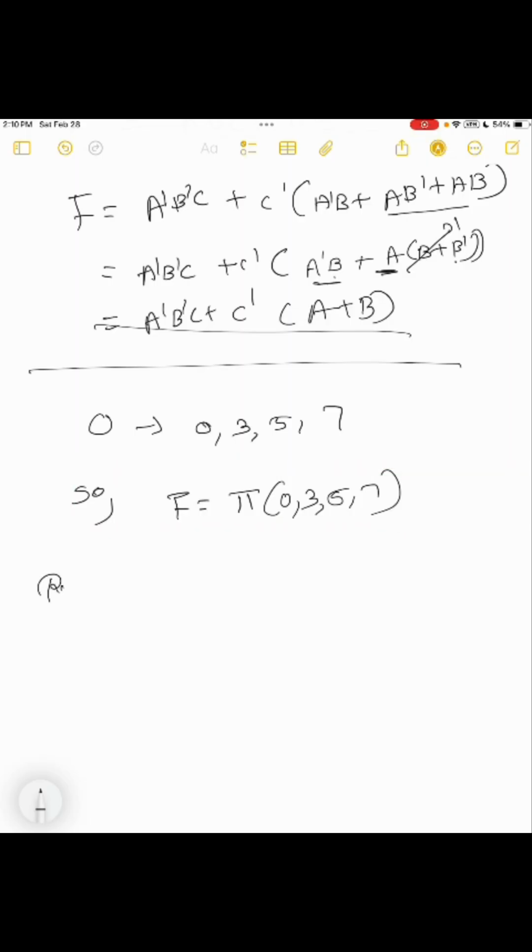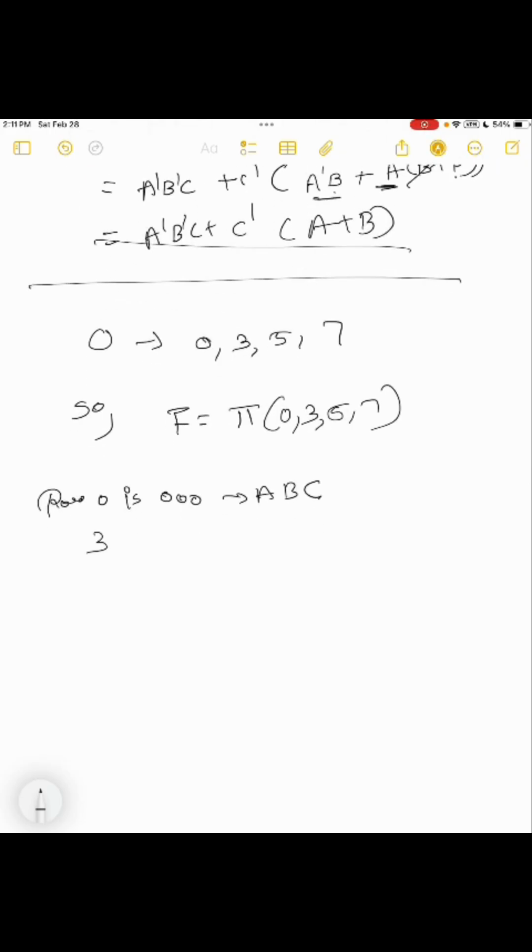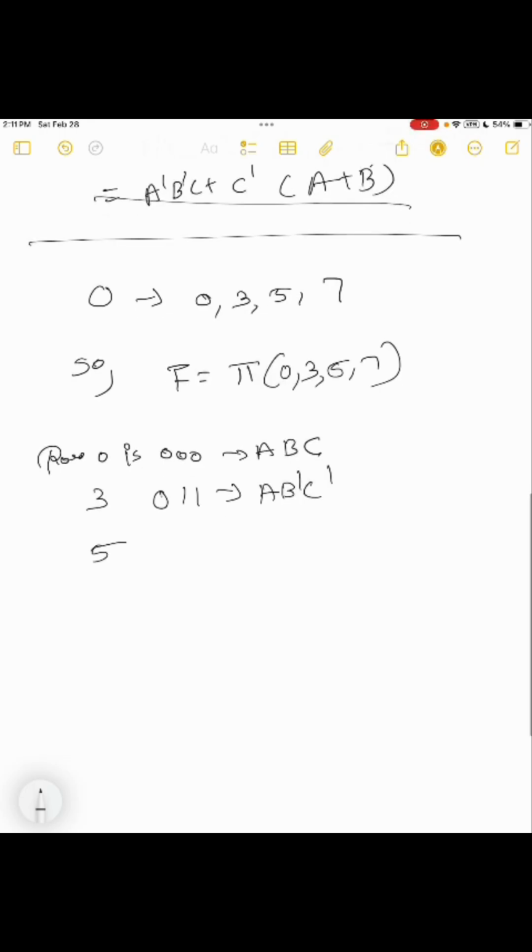So for row 0, it is 0 0 0, so A plus B plus C uncomplemented. Row 3 is 0 1 1, so A plus B dash plus C dash. Row 5 is 1 0 1, so A dash plus B plus C dash. Row 6, it will be 1 1 0, so A dash plus B dash plus C.